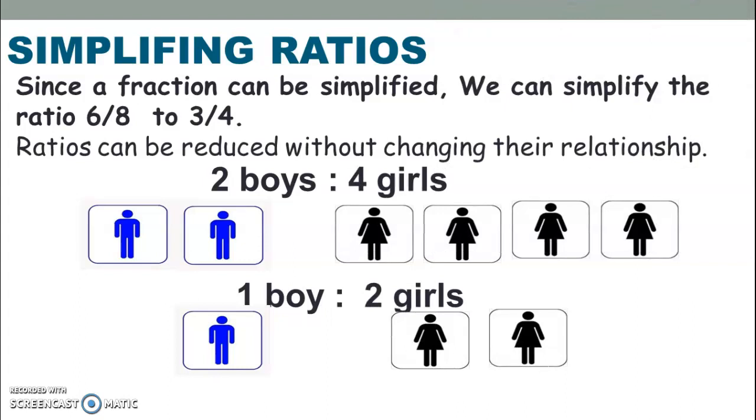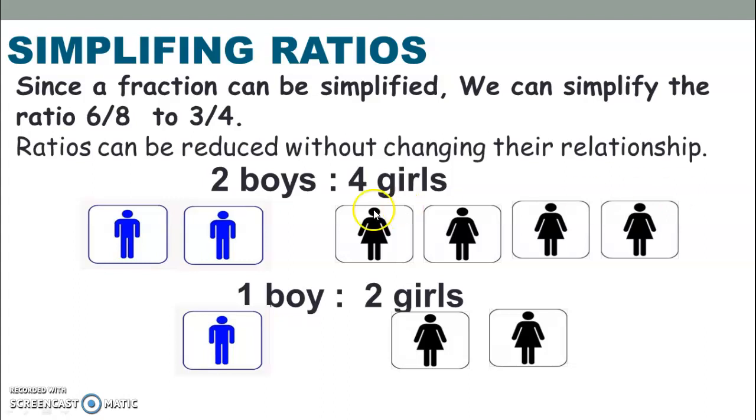Simplifying ratio. Since a fraction can be simplified, as all of you know how to find the simplified form of a fraction, similarly we can also find the simplified form of a ratio. A ratio can be reduced without changing the relationship.